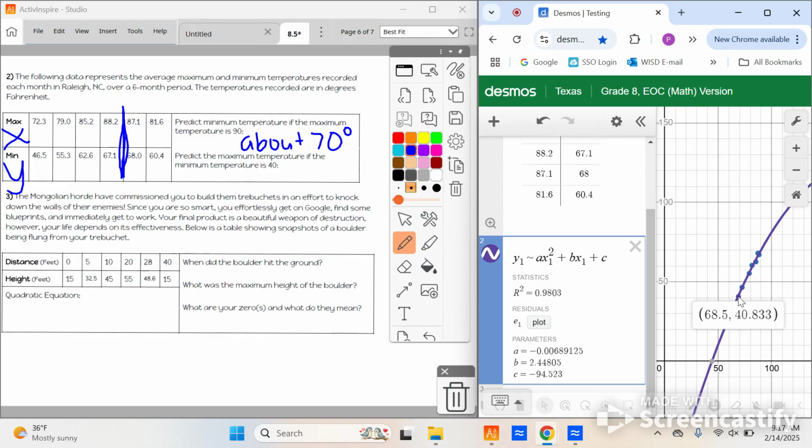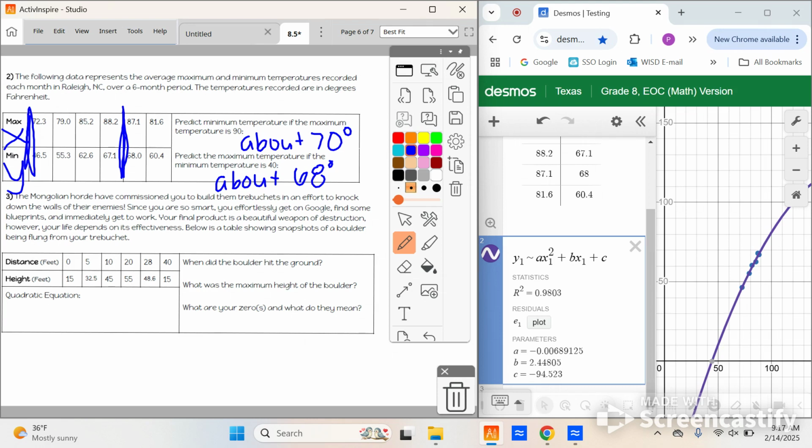So I could say about 68. And using the table wouldn't really work because it's somewhere in here, less than 72, less than 46.5. So it's best to use your Desmos, your graph, to predict.